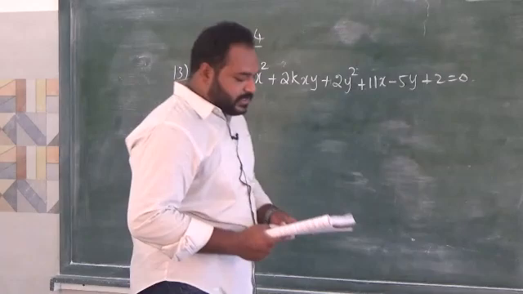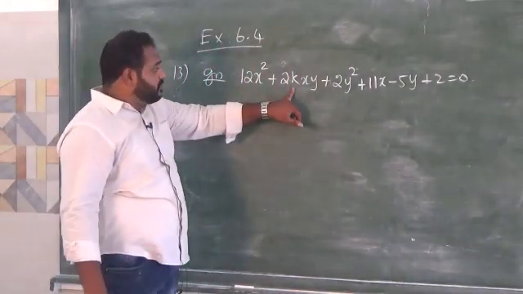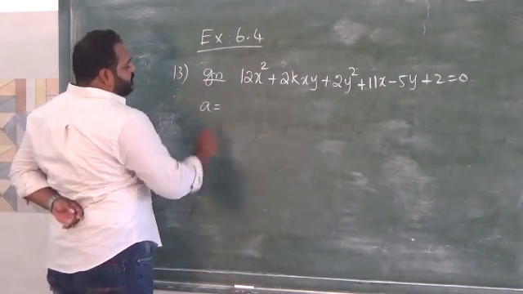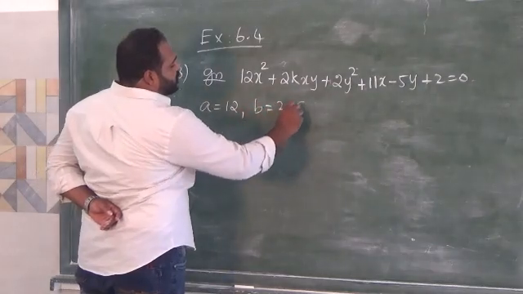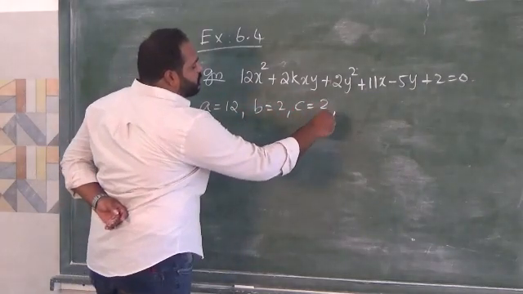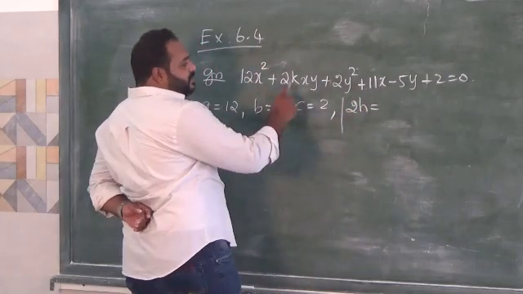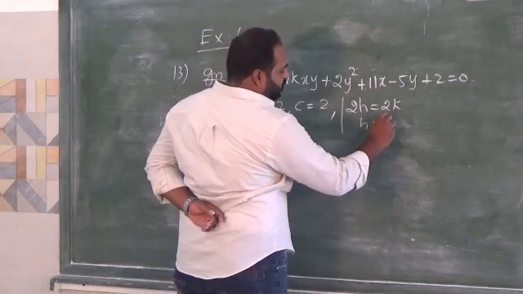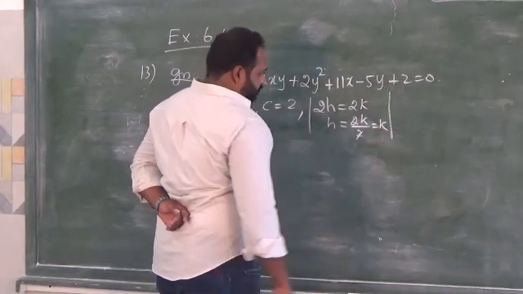So we are going to find the k value here. First we have to write the values. A value is 12, B value is 2, C value is 2. Then 2h is the coefficient of xy, so it is 2k. So h is equal to 2k by 2, it is cancelled, it is k.